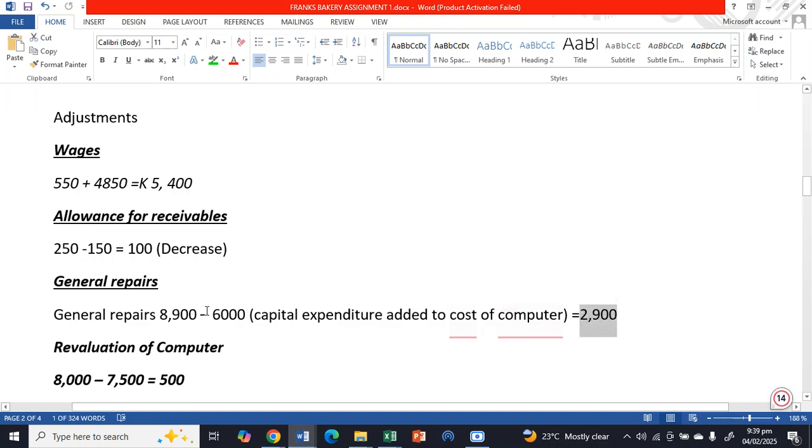So this 6,000, you're going to add it to the value of the computers, and then in the statement of profit or loss, under general repairs, you put 2,900. Any questions?